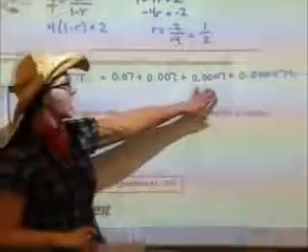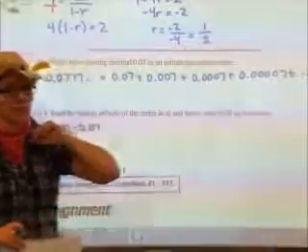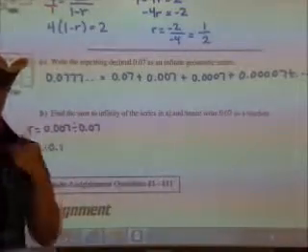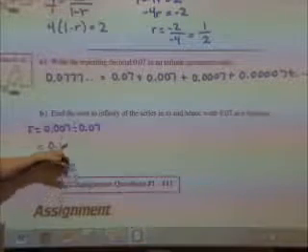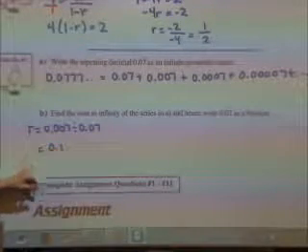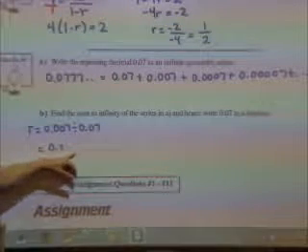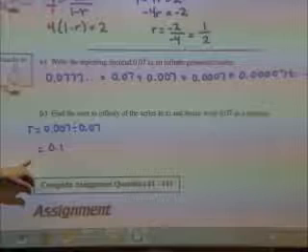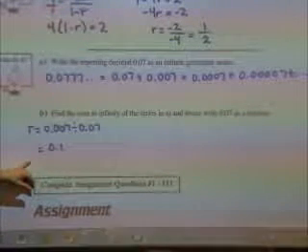Do I get the same thing if I went 0.0007 divided by 0.007? Yeah, I get a common ratio of 1/10. Does this make this a convergent series? This R value? Yes, because it's between -1 and +1.